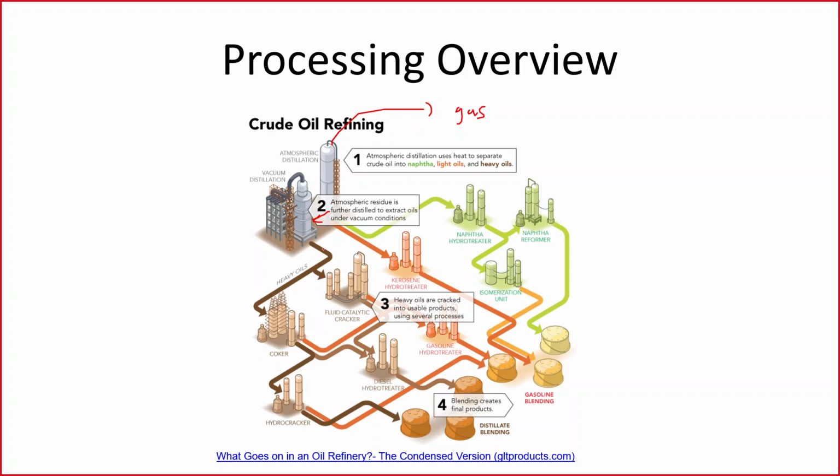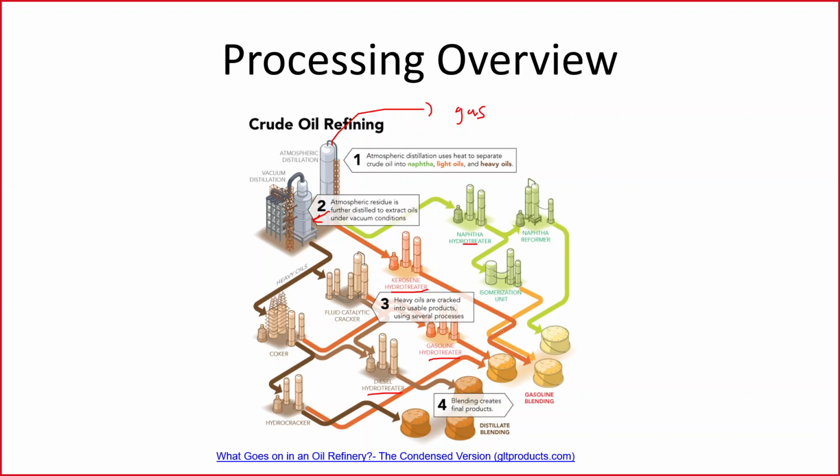And then the heavy part goes to the vacuum distillation unit, and it creates some of the feed to the fluid catalytic cracker or coker or whatnot. And then they have a hydrotreater to remove some of the unwanted components.